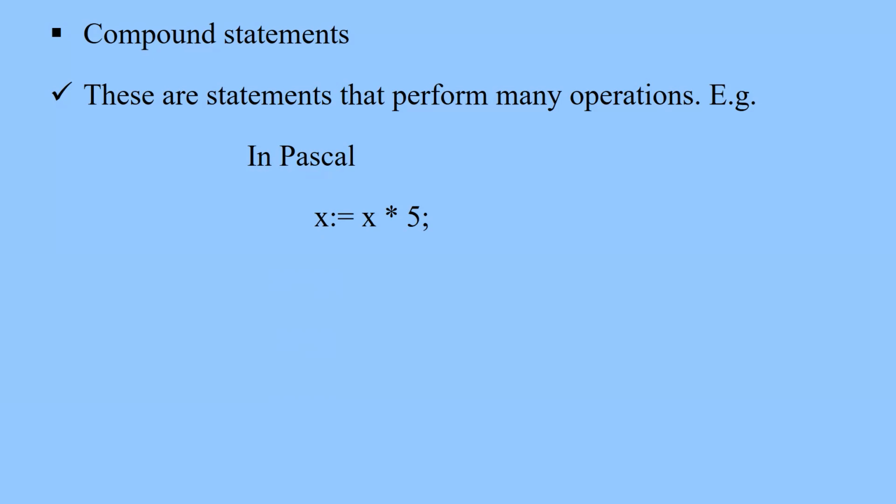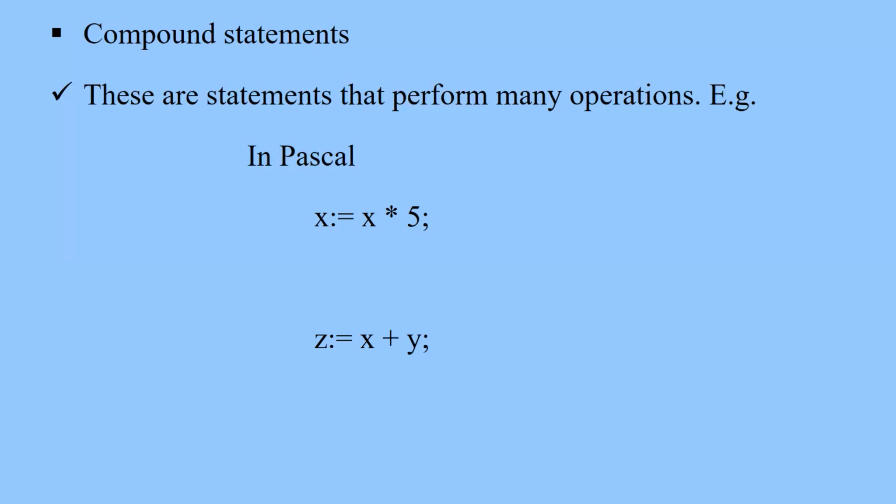Because it reads as follows: pick the content of memory location called X, multiply it with 5. The results we are going to get, assign them to the memory location called X. In other words, replace whatever is in memory location called X with the results of the content of memory location called X multiplied by 5.